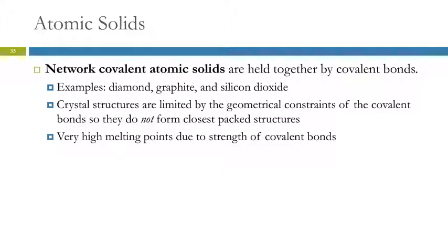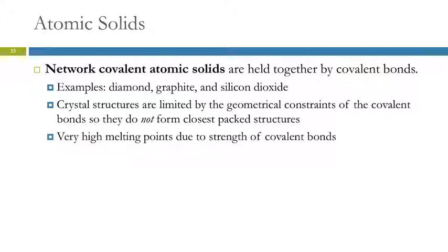So, the network covalent atomic solids, there are relatively few examples of those. There's silicon dioxide, which is quartz. It's the main ingredient in sand and in glass. Graphite and diamond and some of the other forms of that, like graphene and buckyballs, those are just carbon.